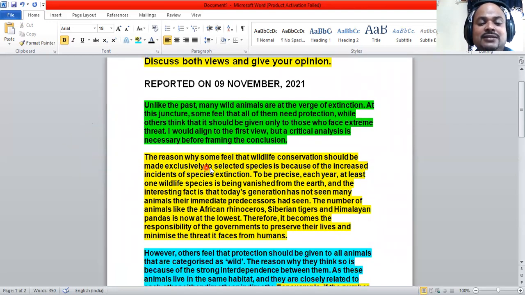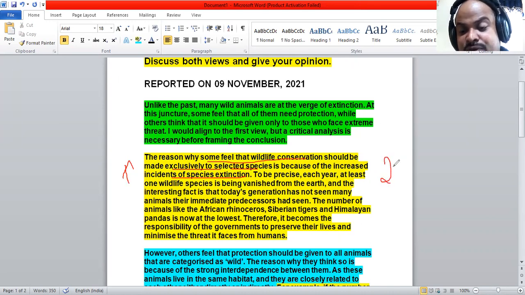The reason why some feel that wildlife conservation should be made exclusively to the selected species is because of the increased incidence of species extinction. So right now we are discussing the second view.